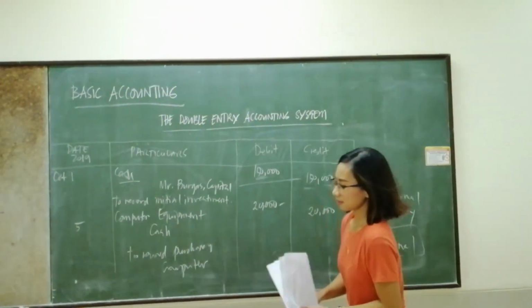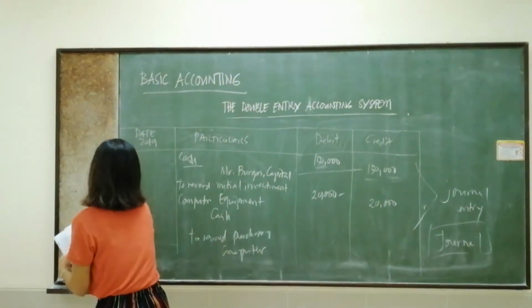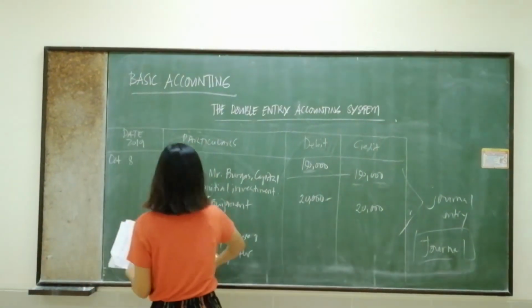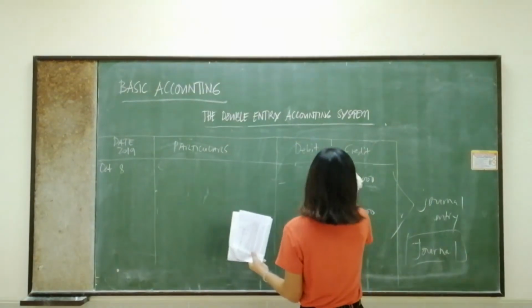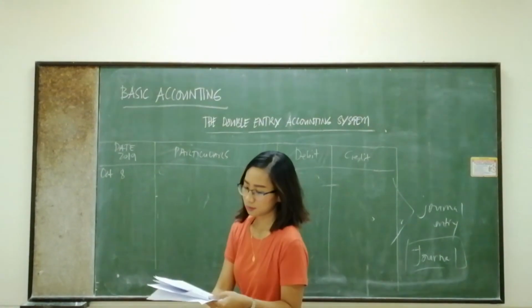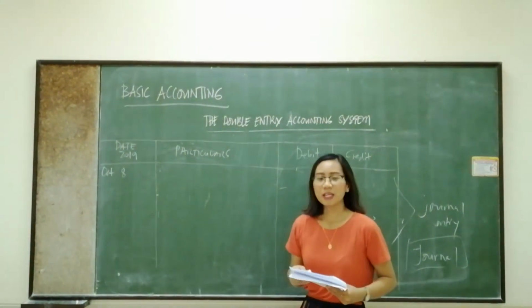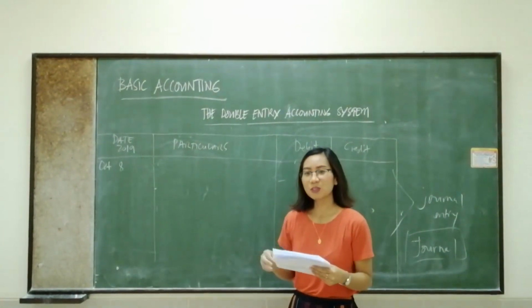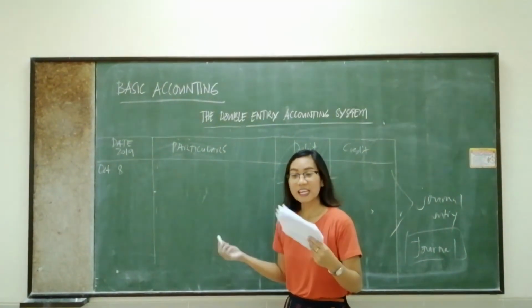On October 8th, revenue. When you have to increase revenue, you have to credit the revenue account or the income.